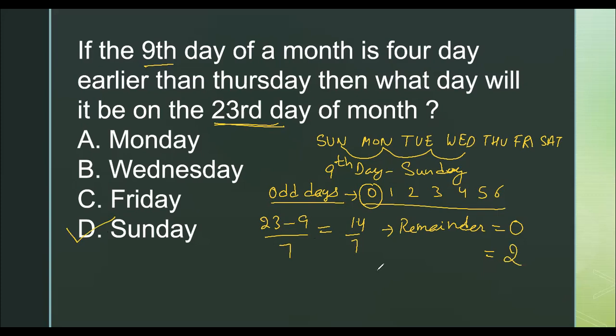If I get remainder 2, so what I will do? Sunday के बाद मैंने 2 add कर देने. That means plus 2. 1, 2. तो क्या बन जाएगा? Tuesday. So इस तरीके से you can solve these kind of questions. Very easy. There is nothing difficult about these kind of questions. Very easy. So simply you can use this funda, right?